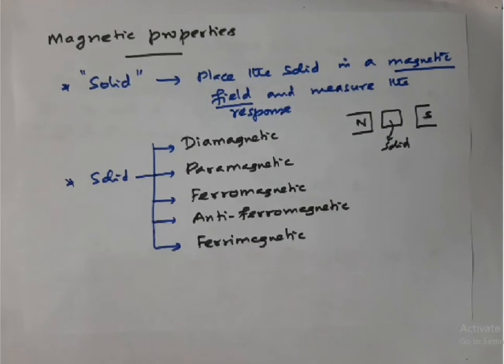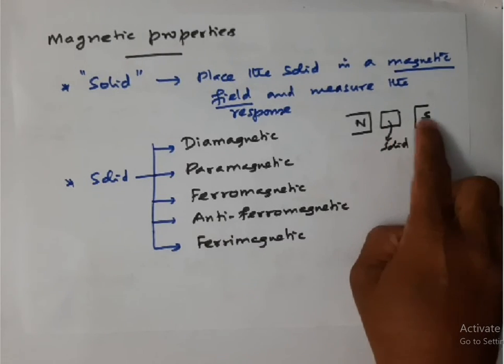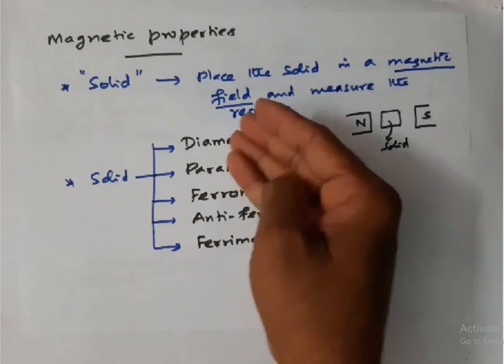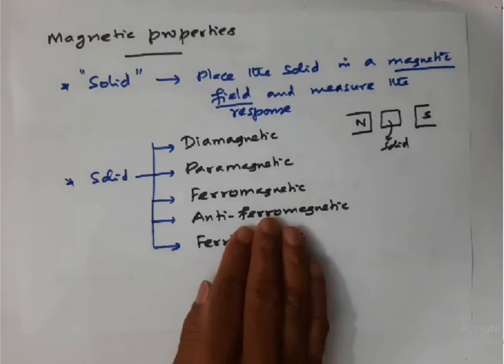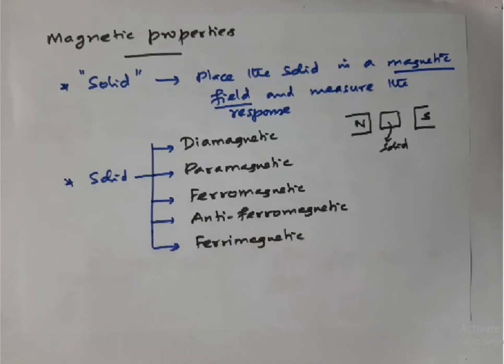So based on the response of the solid in the external magnetic field, we classify the solids into 5 different types: diamagnetic, paramagnetic, ferromagnetic, antiferromagnetic, and ferrimagnetic.